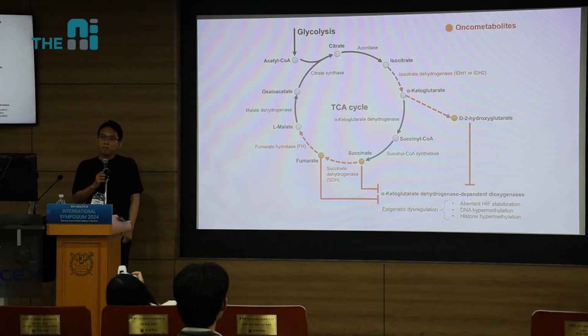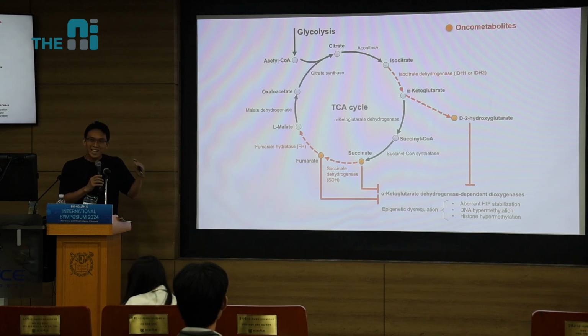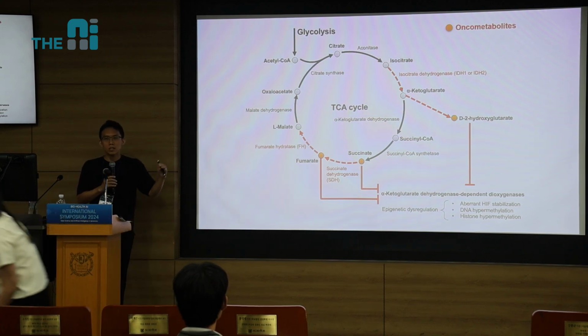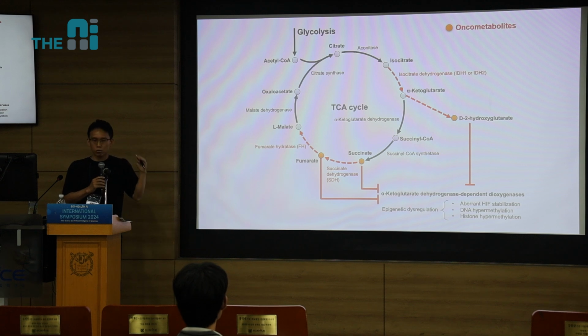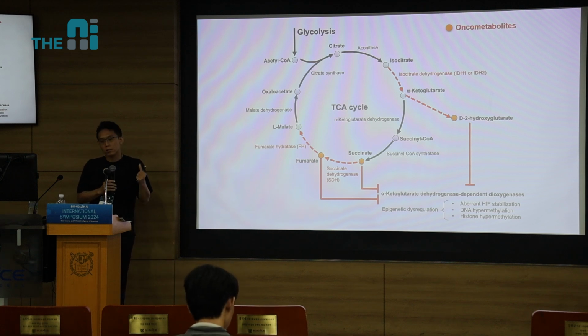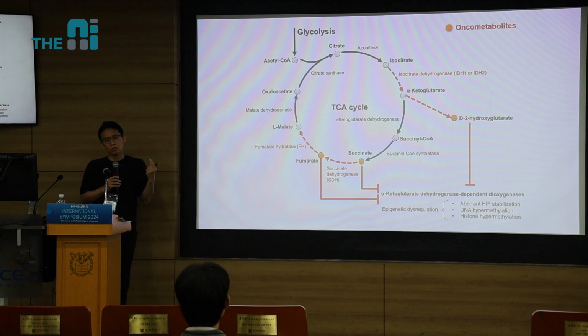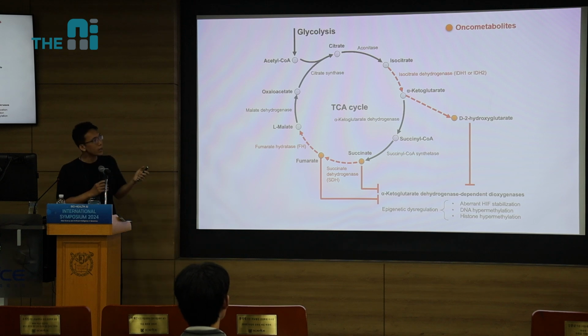Briefly, oncometabolites are metabolites uniquely found in tumor cells, or metabolites elevated in tumor cells in comparison with normal cells. Identifying oncometabolites is important because they can serve as diagnostic biomarkers, or we can use them as drug targets to come up with effective anti-cancer drugs, as you will see in a later slide.